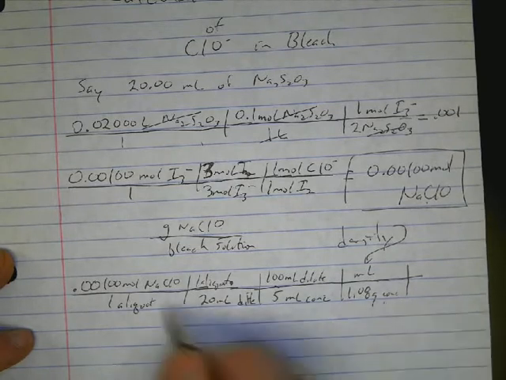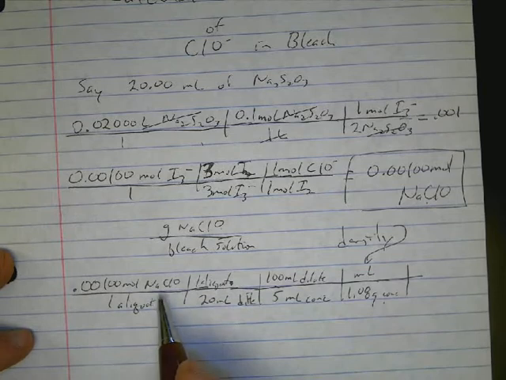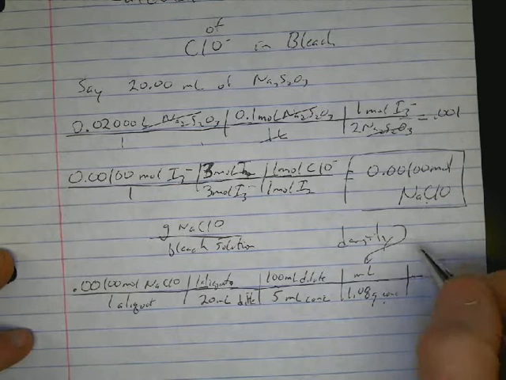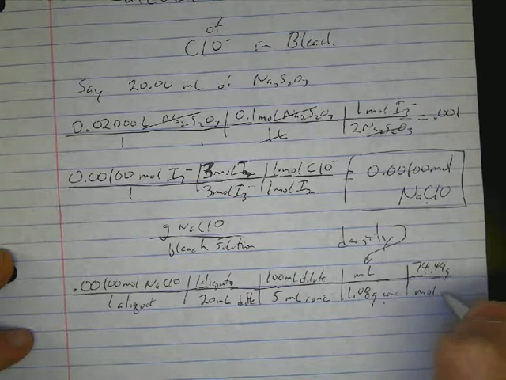So then I have effectively gotten to the concentrated, but I still haven't dealt with the moles of hypochlorite. In order to deal with the moles of hypochlorite, I have to do what? Find the molar mass. The molar mass of hypochlorite is 74.44 grams per mole.